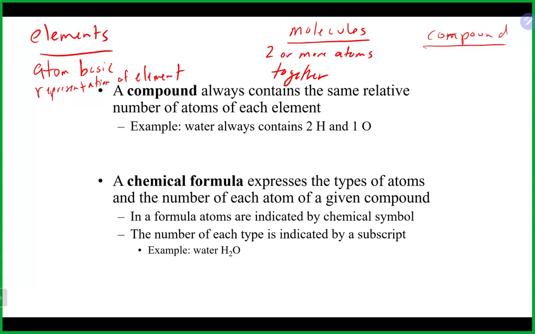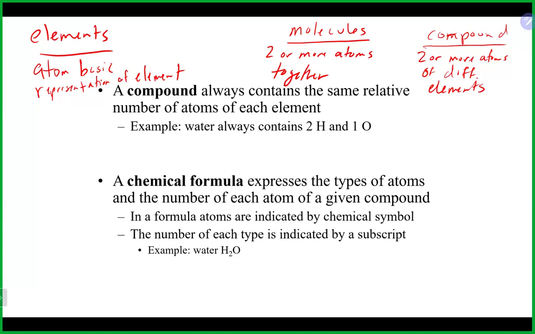And that is really just the definition you need for something to be considered a molecule. It's just that, two or more atoms together. And that is different than a compound, where you need two or more atoms of different elements. And that is the difference between those two.